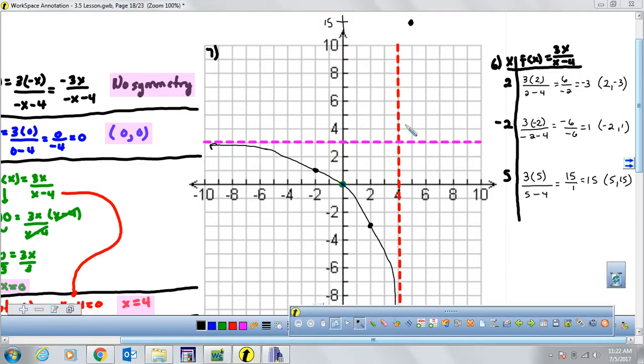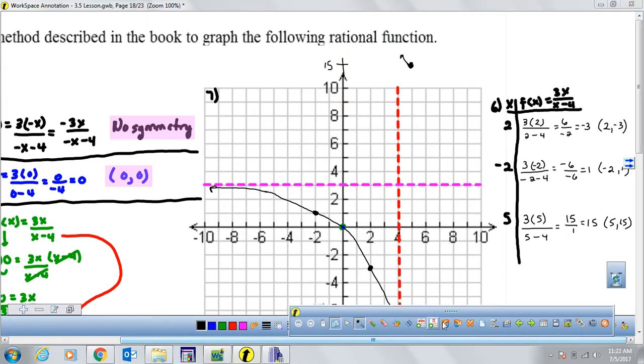Now, let's do the right curve. Right here, this is where your point is. Now, you can do more points if you want more exactitude, but I think that's more than enough. So we already know that the graph is going to be on this little section at the top right here. Once the graph gets close to this vertical asymptote, it's going to slant vertically up right here. And let me just move it up a little bit so you can see.